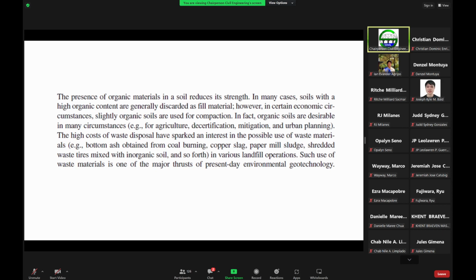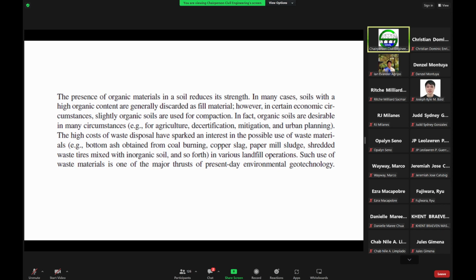When you have organic materials, they normally reduce the strength of a certain material if these are found within it. In many cases, soils with a high organic content are generally discarded as a fill material. Sometimes in some projects we specify to determine the organic content as well. There are some lab tests for that.